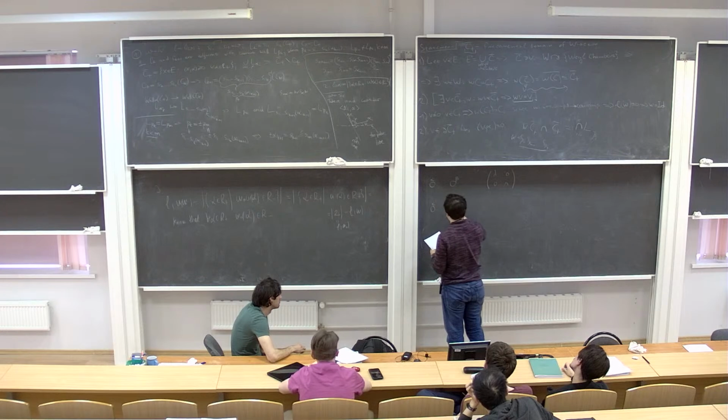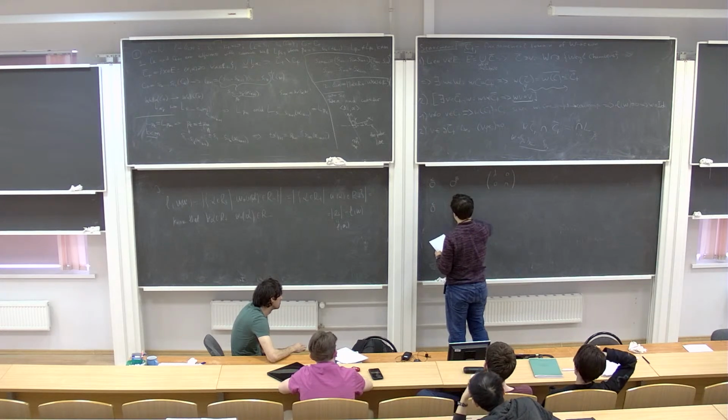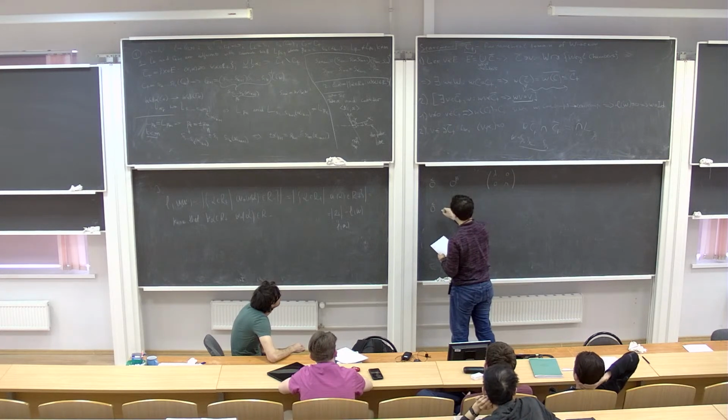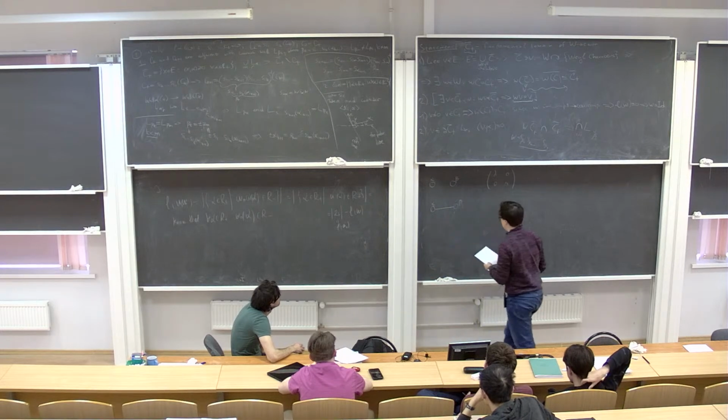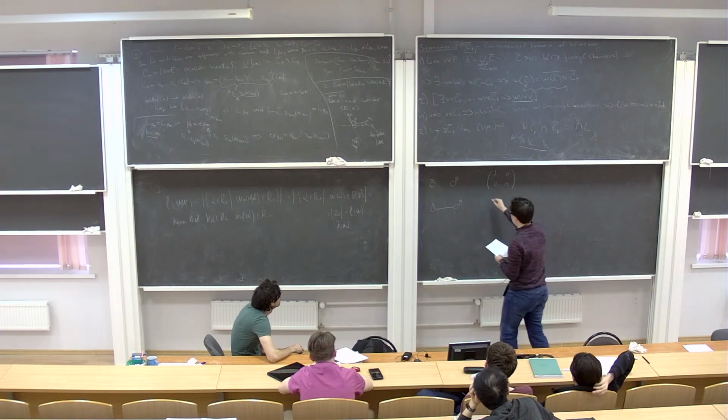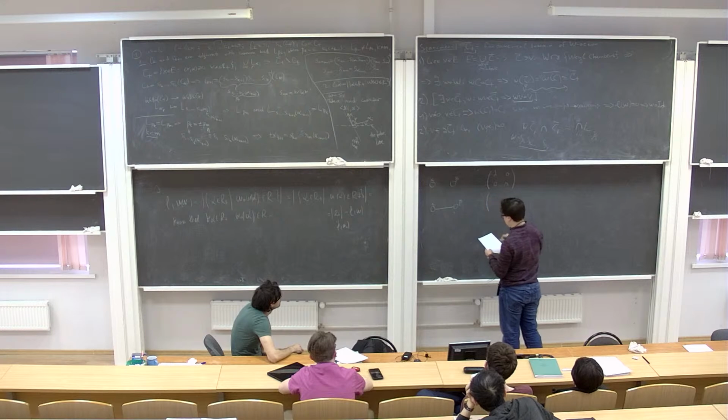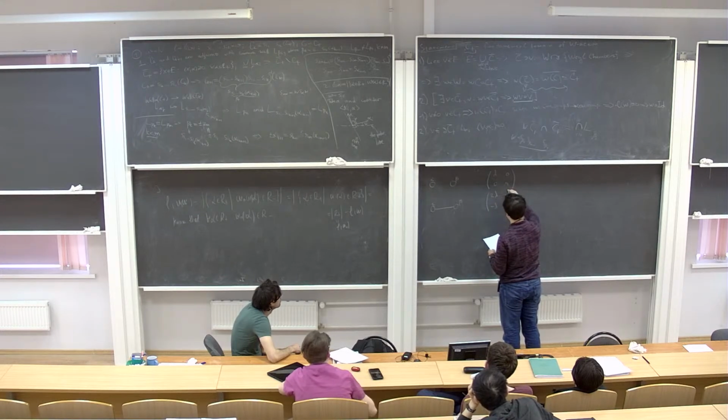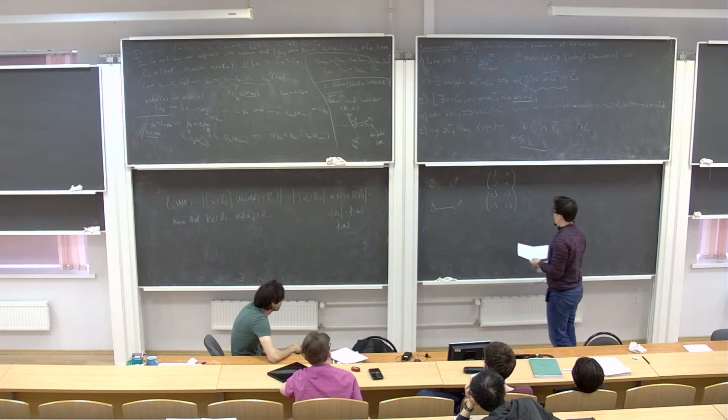If we have two roots connected with a single edge, then the possible gram matrices are the following: 2 lambda, minus lambda, minus lambda, 2 lambda. So they are all proportional.